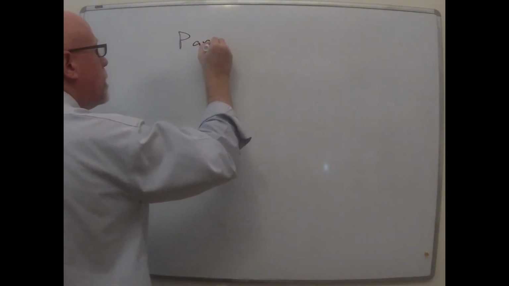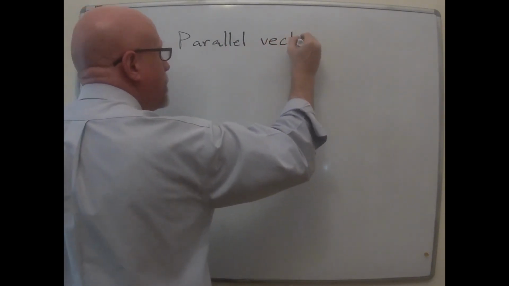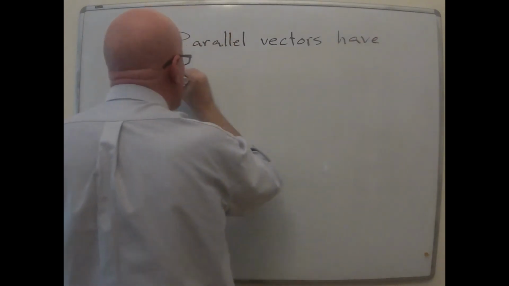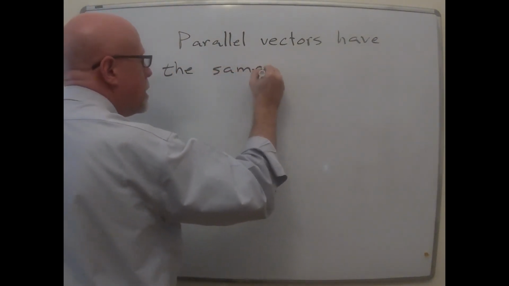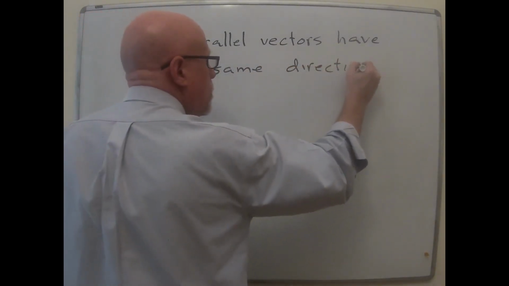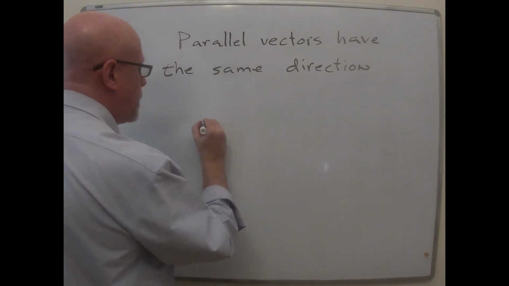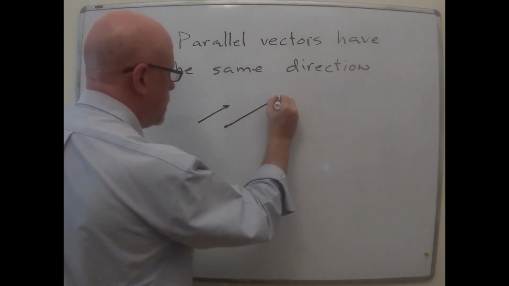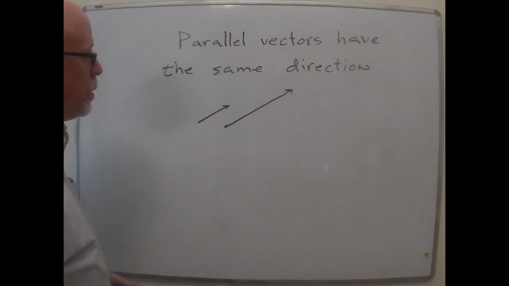So parallel vectors have the same direction, but they need not have the same magnitude. So you might have a vector, a little short stubby one like that, and a much longer one like that. They go in the same direction, so they're called parallel.